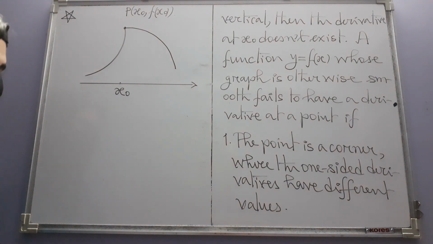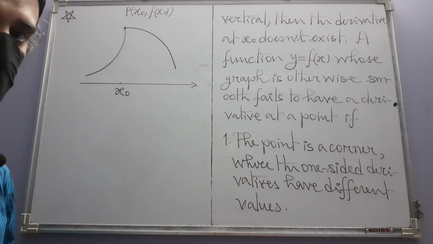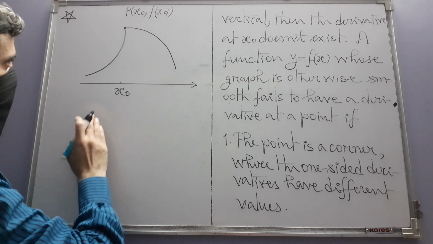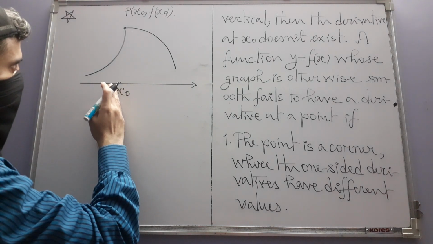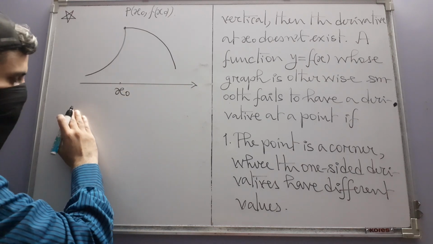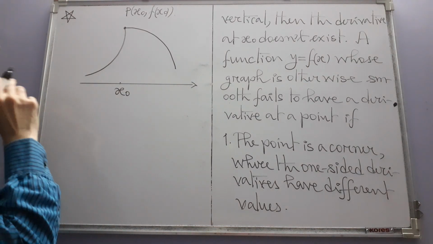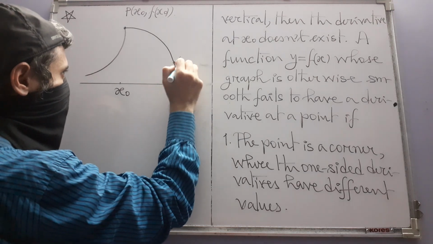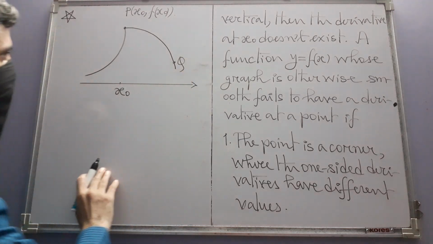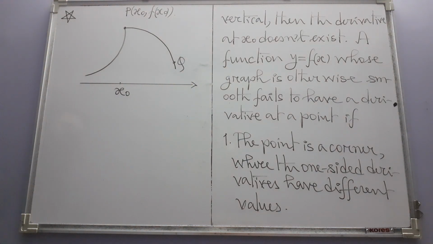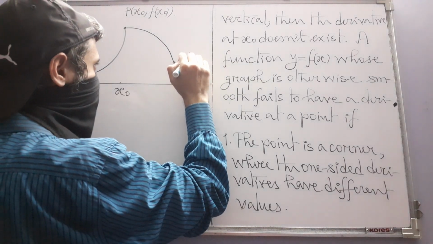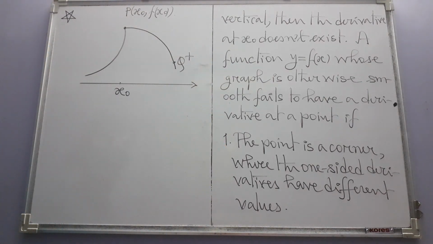Now we have to consider a nearby point Q on the graph itself. That we can consider either to the right of P or to the left of P. So we are going to consider both of them. Say we consider this point Q to the right of P. In order to emphasize that this point lies to the right of P, we put a plus sign here as well, Q plus.